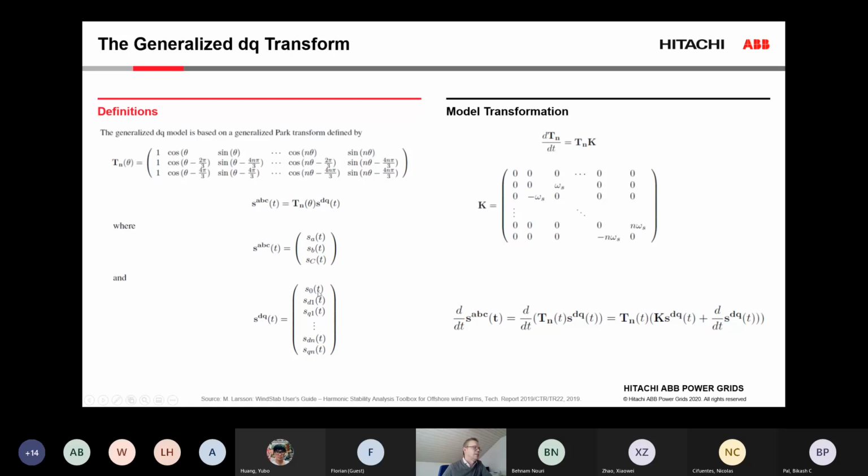Depending on the order, for order 3 you would have 7 components: the 0 component, the first harmonic, second harmonic, and 2 for the third harmonic.